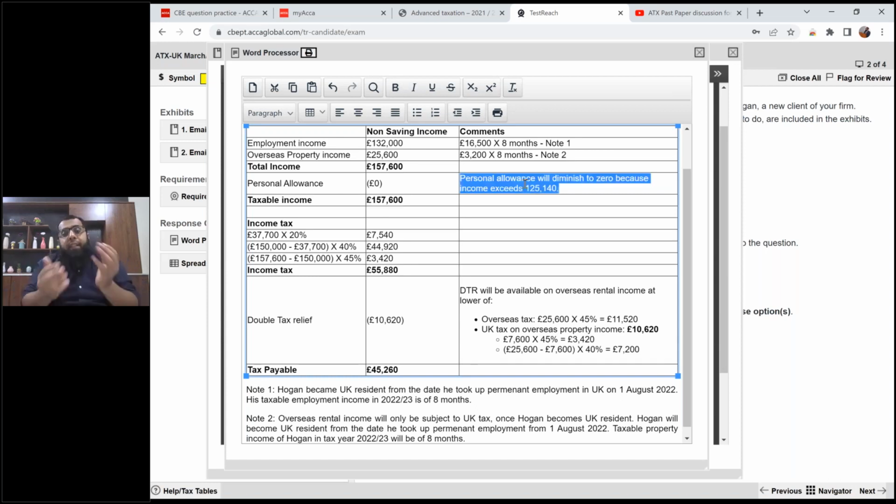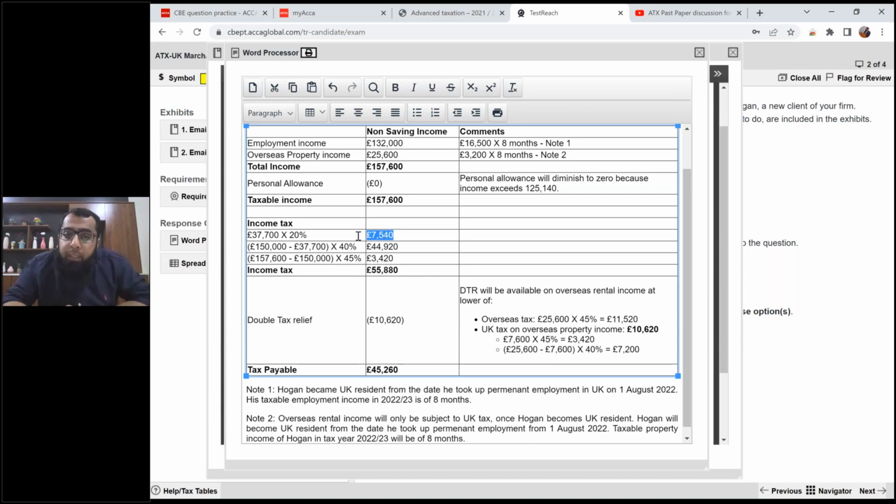The personal allowance has diminished because the income is exceeding the threshold. Then there was income tax on 37,700 at 20%, then till 150,000 it was 40%, then on the excess it was 45%. Then double taxation relief will be available on overseas rental income. Why?